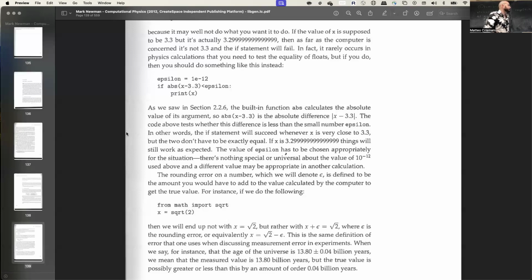And so you make an if statement where you take the absolute value of the difference between the 3.3 and the one that you actually get, 3.2999 minus 3.3, and if it's less than the epsilon, it'll actually go through. That makes sense?